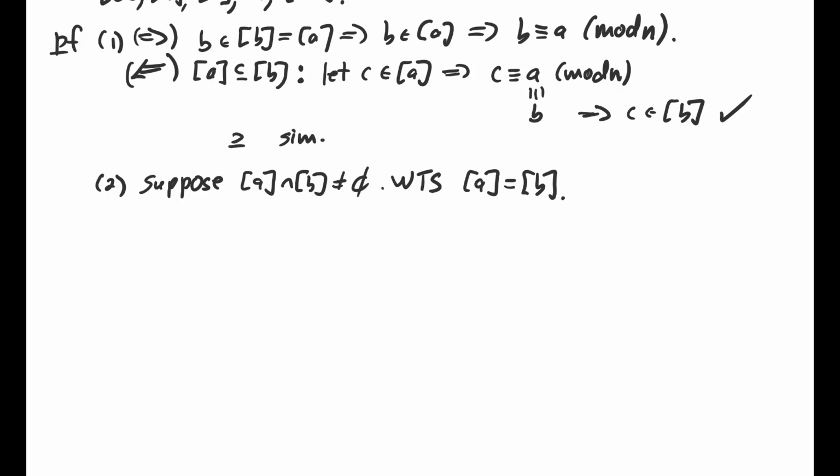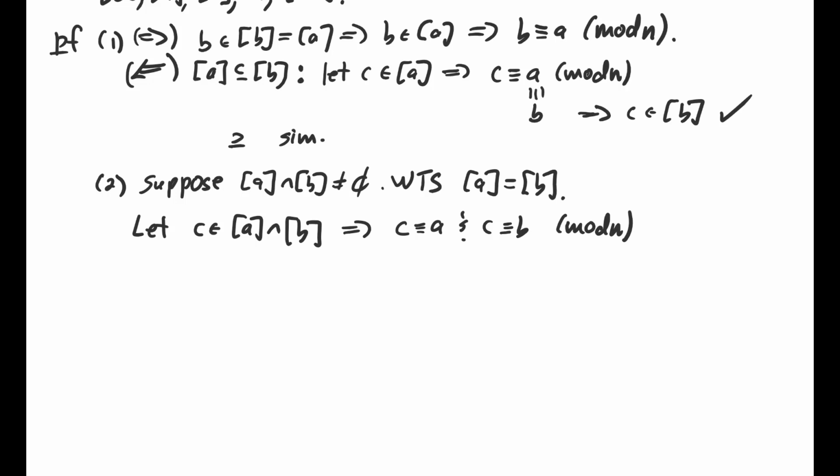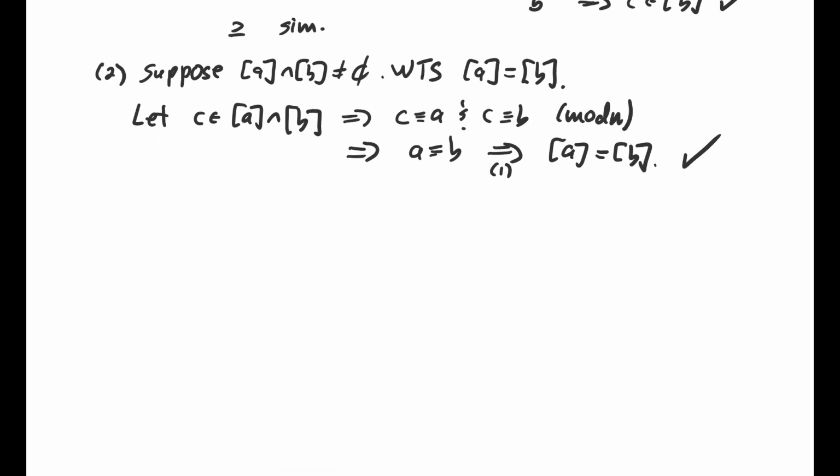So start with any element, we'll call it C, that's in the intersection of those two. We can do that since the intersection's non-empty. Then C is in both of them, so C is congruent to A, and C is congruent to B mod n. And in turn, this implies that A is congruent to B mod n, which, as we've already seen, means that A is equal to B. And we're done with part 2.